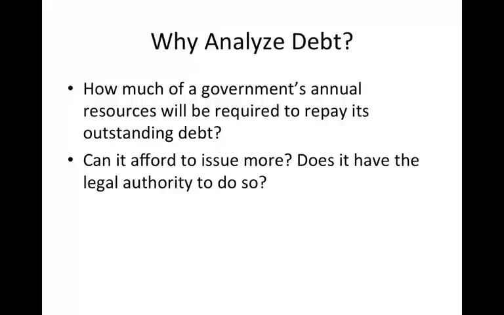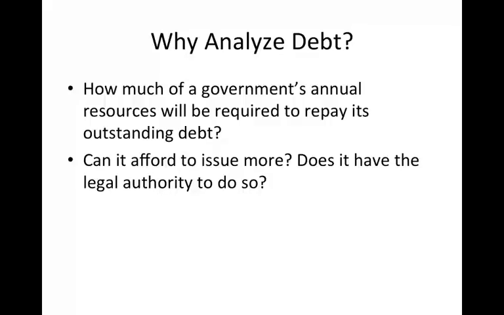You also want to know, just as when you're analyzing revenue, do they have the capacity to issue more debt if they need to? Perhaps you've analyzed their capital needs and you see that there's a lot of very valuable infrastructure that needs significant work. Is this government going to be able to issue the debt needed to finance that construction? And is it allowed to? It's not just a matter of looking at their debt compared with their ability to pay.